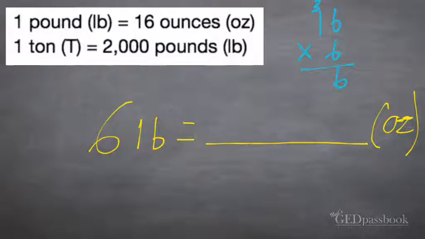Plus 3. There are 96 ounces in 6 pounds. Right? Cool. Simple. Easy peasy. That's because it's a straightforward one. We have ounces to 1 pound already.